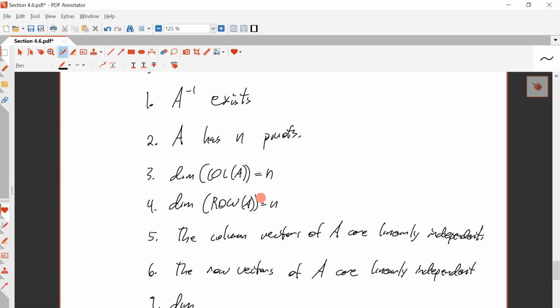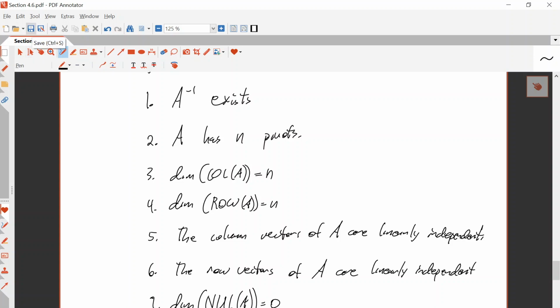Because we have n pivots, the dimension of the null space of A is 0, because the dimension of the null space plus the dimension of the row space is the number of columns, which is n. And that's enough characterizations.